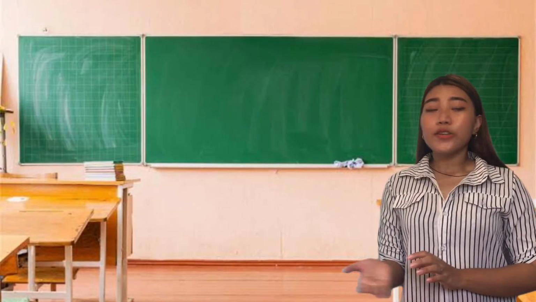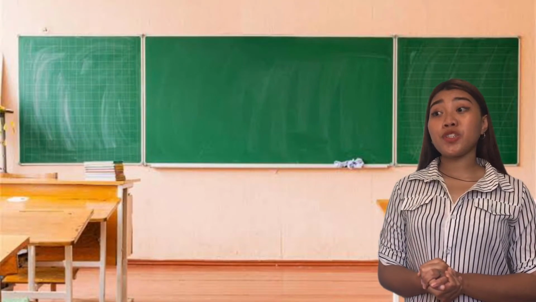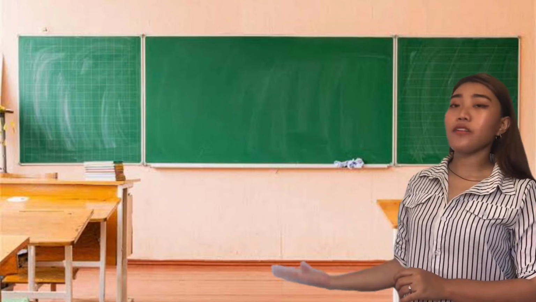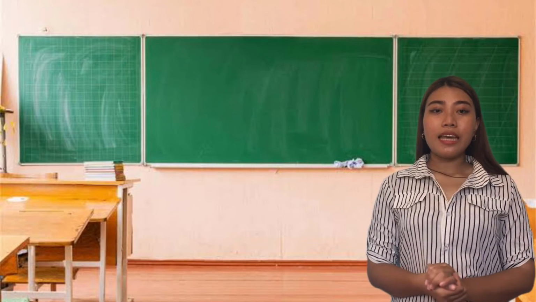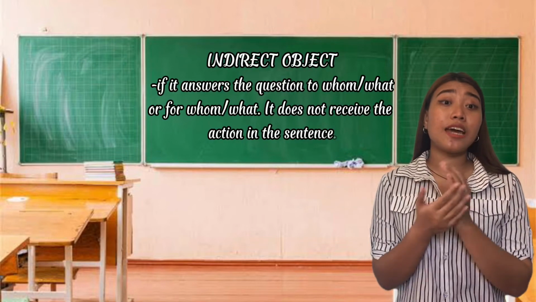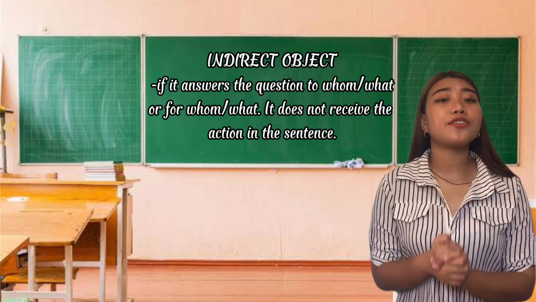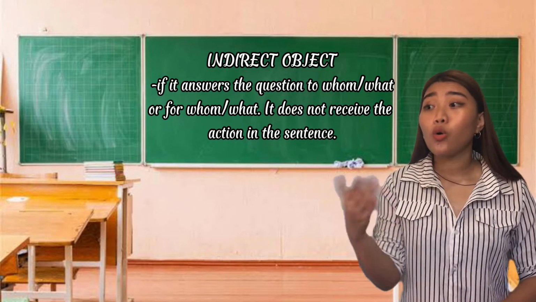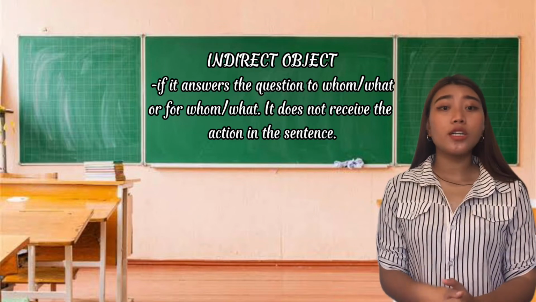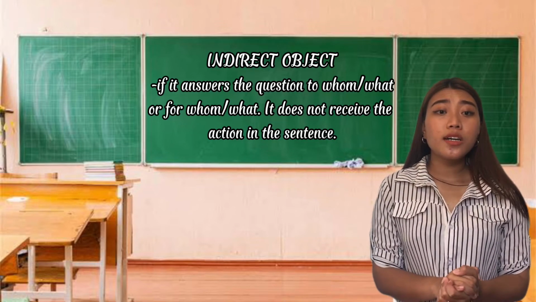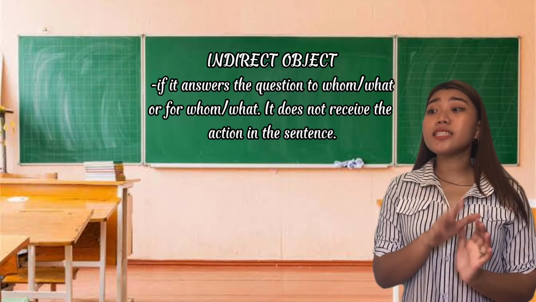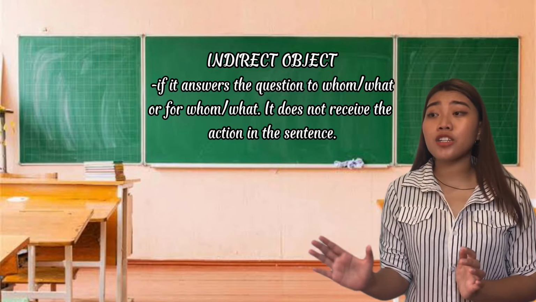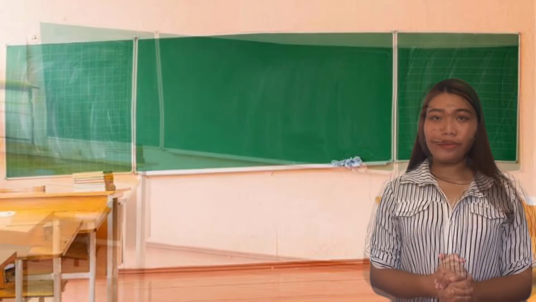Okay, class. So let's proceed to the next one, which is the indirect object. A noun functions as an indirect object if it answers the question to whom, to what, or for whom, or for what. It does not receive the action in the sentence. Okay, class.